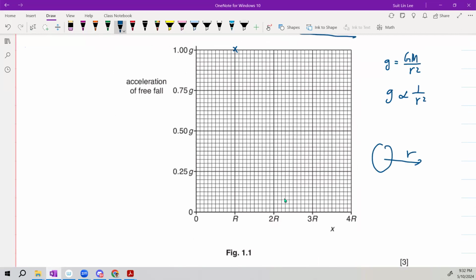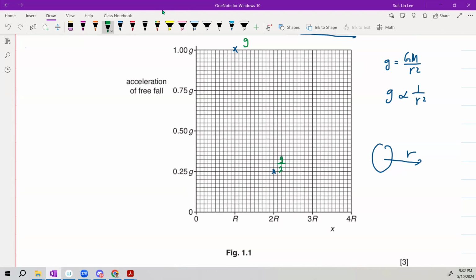So this means if I double the radius, I get 1 over 2 squared of the gravity. And then this is 1 over 3 squared, which is 0.11. So just for context, this is g.